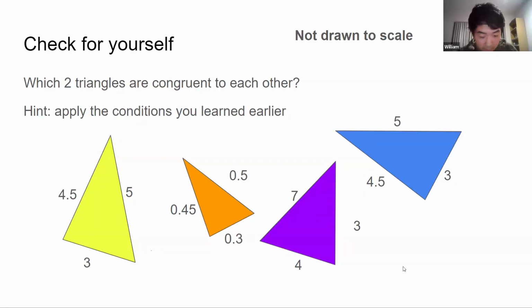So therefore, these are congruent. And I noticed that someone said that orange is also congruent. Since the sides are not equal in magnitude, you can't say that they're congruent, but they are similar, which is what we're going to cover next.